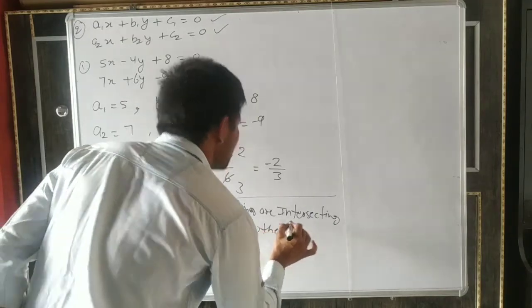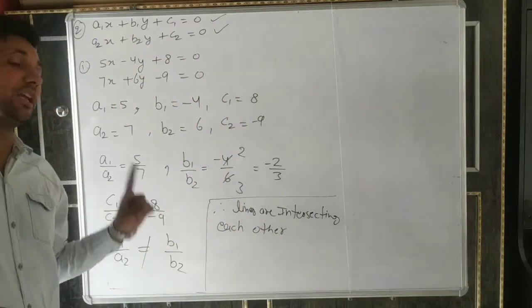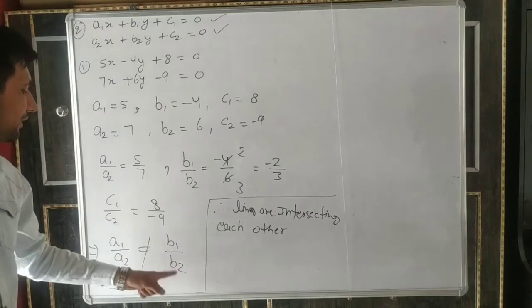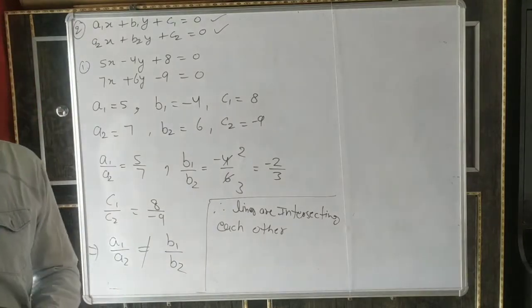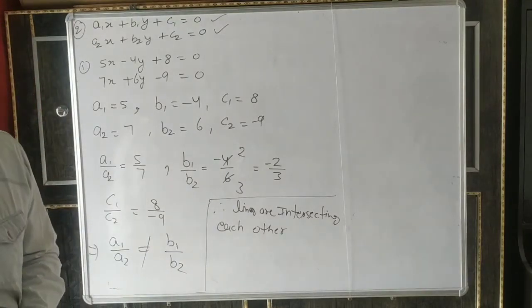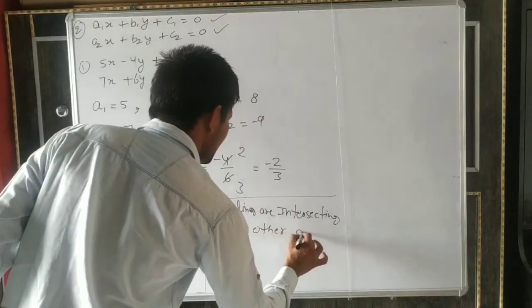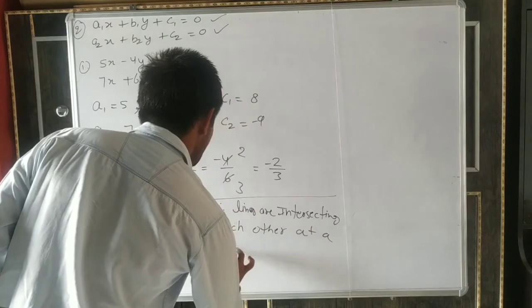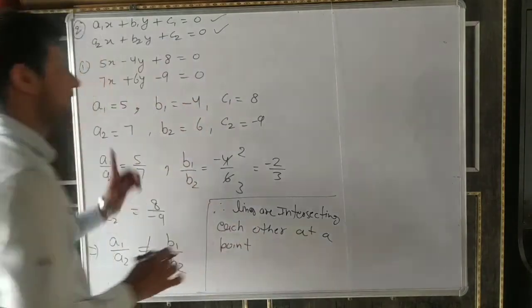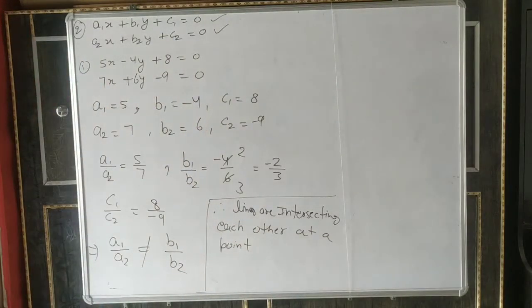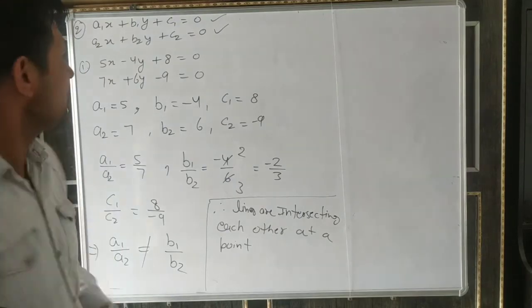You have to check your table. If A1 by A2 and B1 by B2 are not equal, lines are intersecting. Only we have to say intersecting each other at a point, at one point. Understand it? In the same way you can find part B.